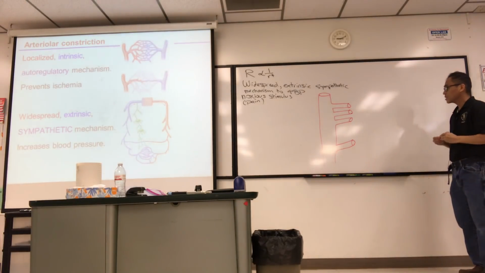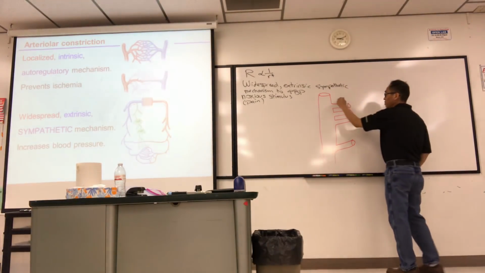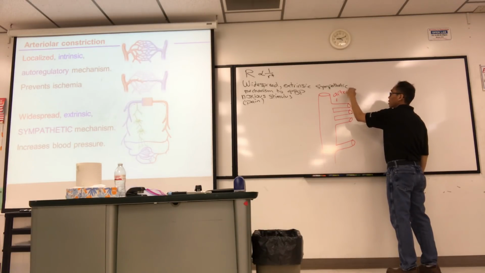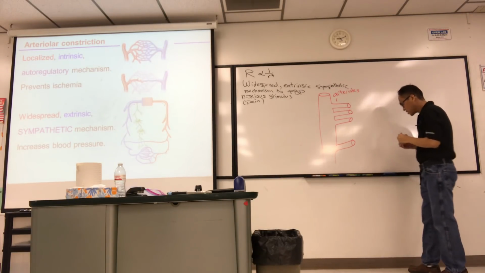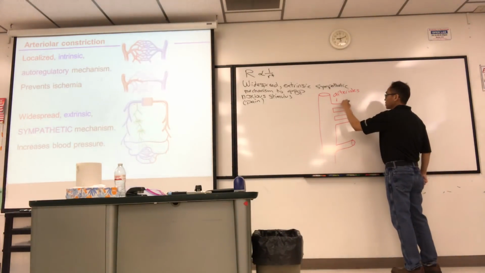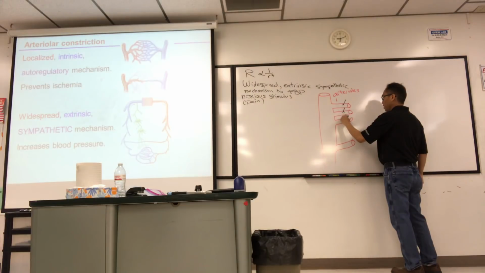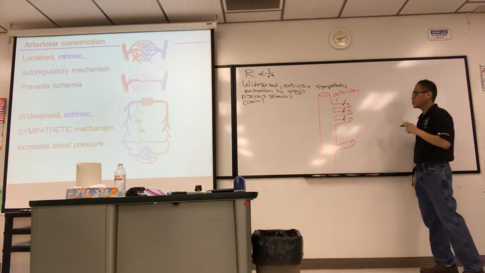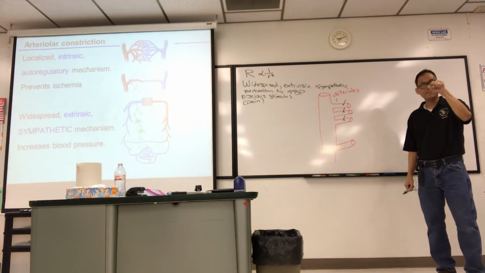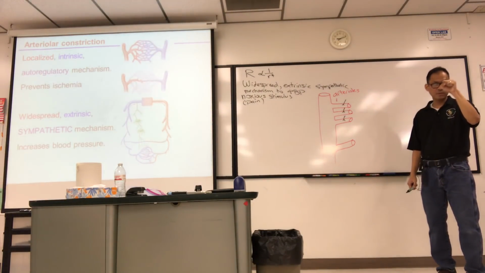So these are arterioles. Sympathetic innervation innervates, say, these top three. In a sympathetic response, you use those sphincters and you clamp down on one location to vasoconstrict.